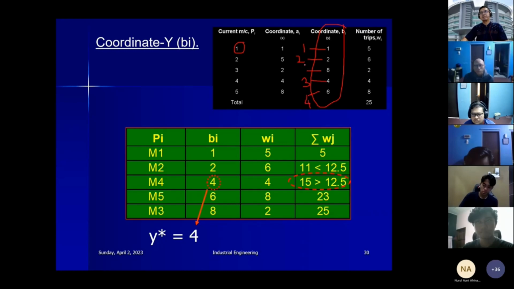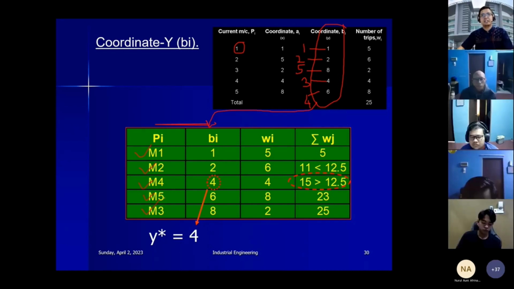And lastly, number 5. So please arrange our BI here. So we will get M1, M2, M4, M5, M3 based on our arrangement from the lowest value to the highest value. So 1, 2, 4, 6, and 8.